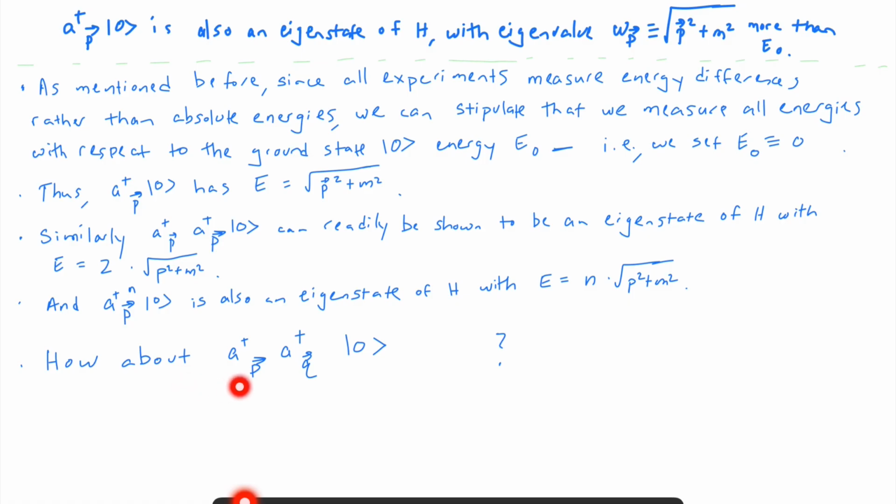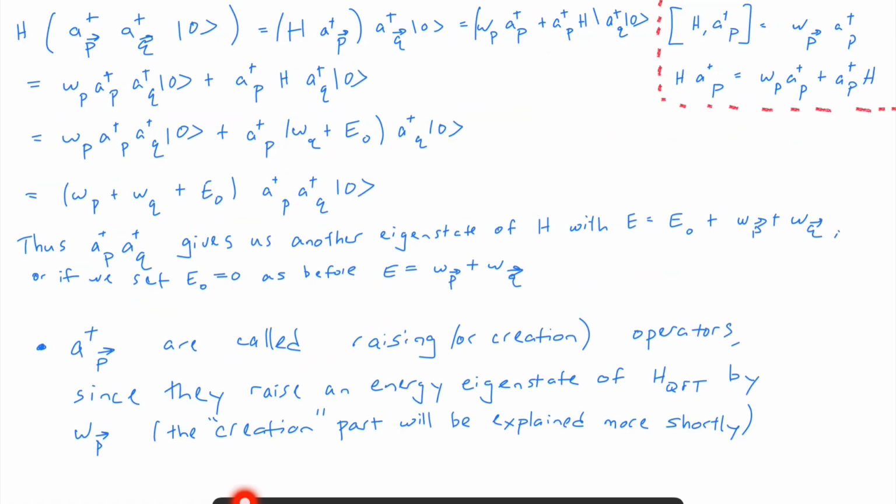What if you do not just p, but one mode q and another mode p? Remember, we're allowed different possible momenta. So this is one possible p, this is another possible p, which I just called q. Let's apply that to the ground state 0. Well, same argument. You can pause the video and look at this, and it's probably worth playing around with on your own.